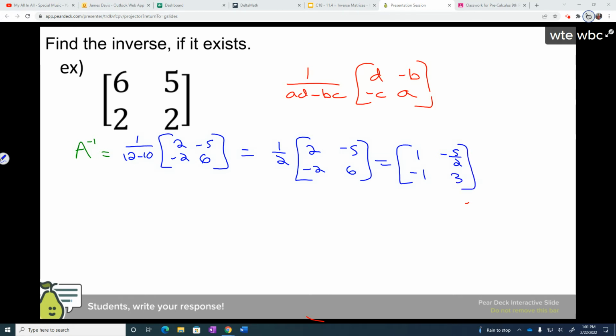That's what you should get for your final answer there. Swap them, change the signs, and you'll be multiplying by a half.